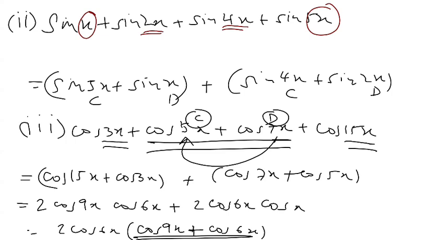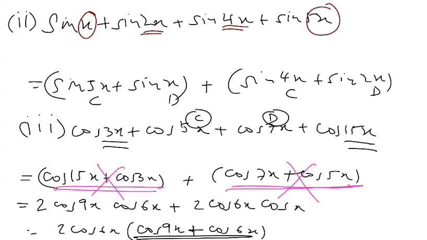Okay. But then see, if you take 9 and 6, so that is going to be 15x upon 2. And there is no 15x upon 2 in the problem. So I think the combination which we took was incorrect. Okay. So we cannot just mug up this, but then, by solving, sometimes we come to know. Okay.